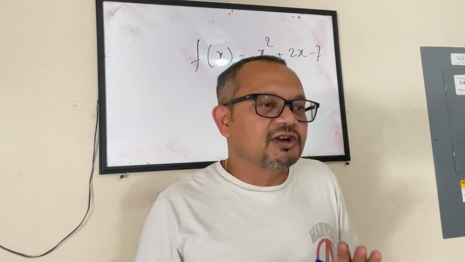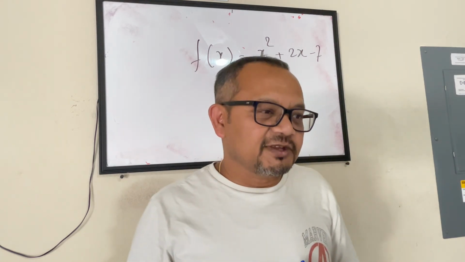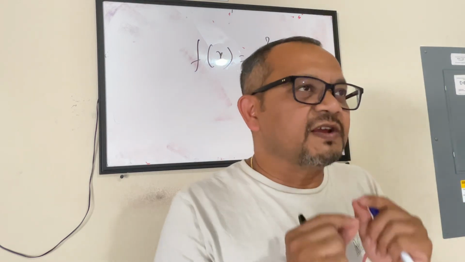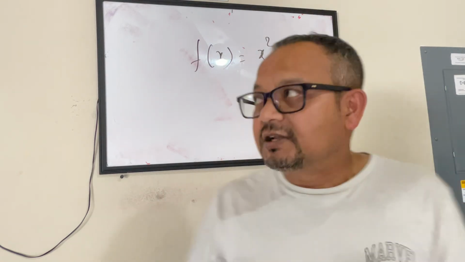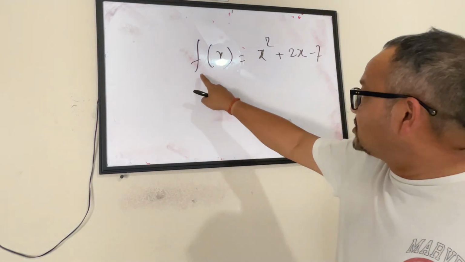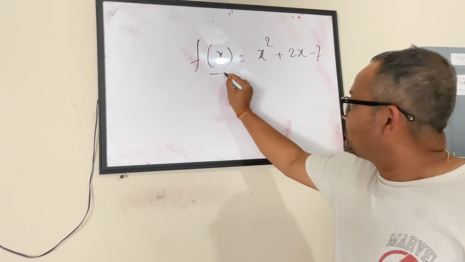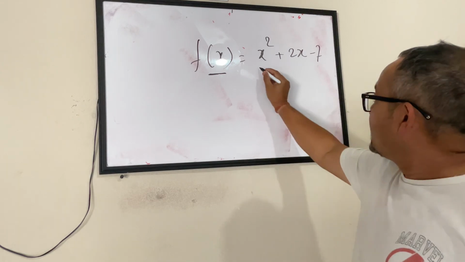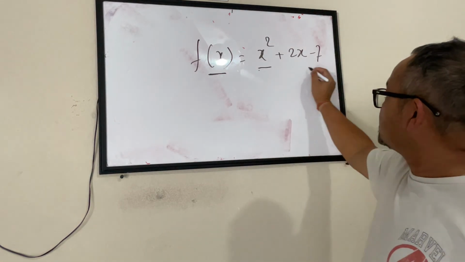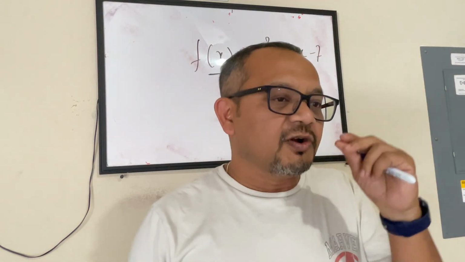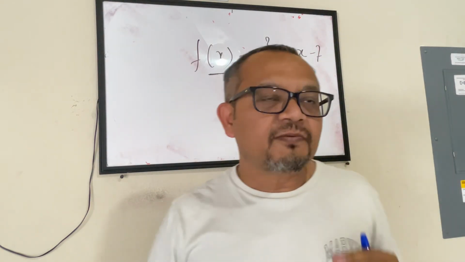Okay, let me kind of solve the riddle, in case you are hesitant to say something. When you say evaluating a function, you evaluate a function for a given value of a variable. This is a function of x, representing the relationship of x, which says x squared plus 2x minus 7. When you evaluate a function, you evaluate its value for a given value of a variable.